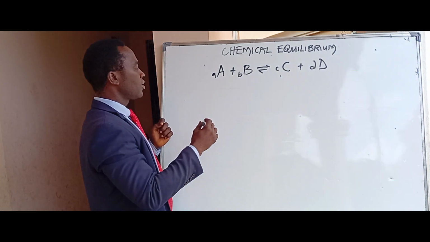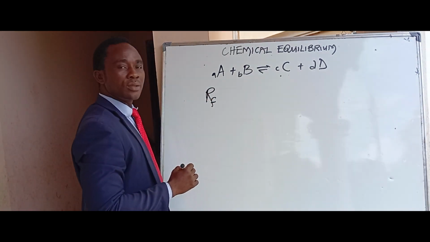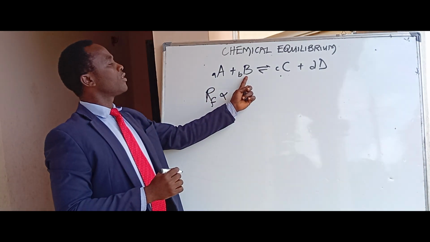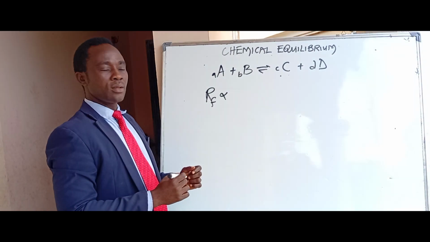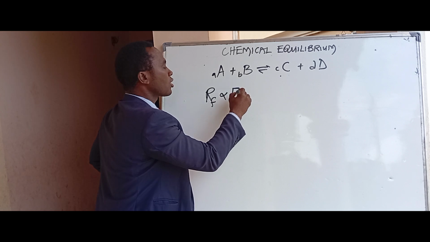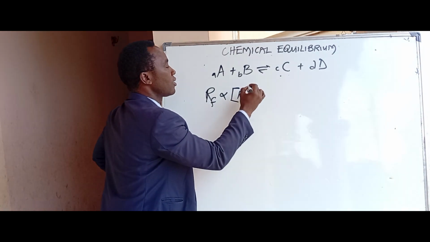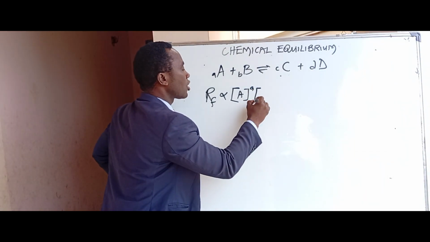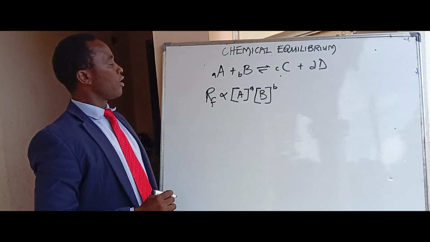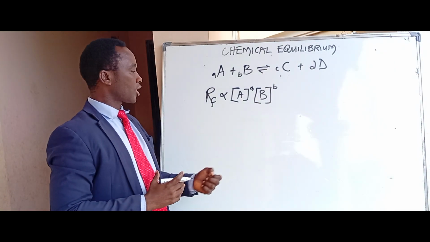The rate for the forward reaction will be directly proportional to the algebraic product of the concentration of A and B. So, rate for forward reaction will be proportional to concentration of A raised to the power of the stoichiometric coefficient a, multiplied by the concentration of B raised to the power of the stoichiometric coefficient b. That is the law of mass action for the forward reaction.